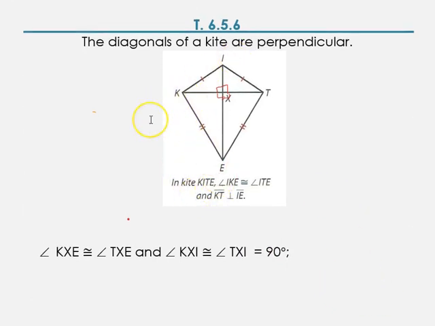We also know that these two angles, angle K and angle T, are congruent to each other, but angle I and angle E are not congruent to each other.